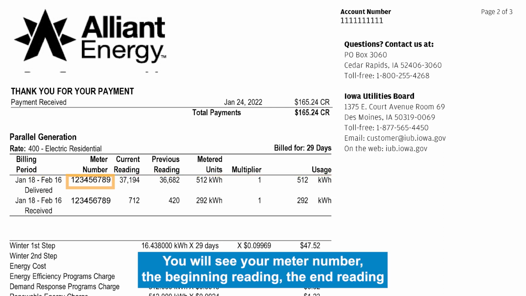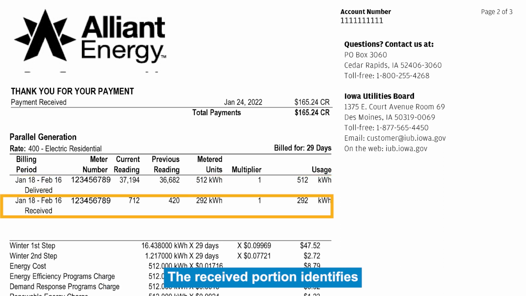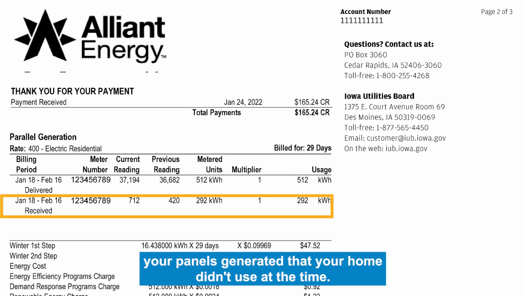You will see your meter number, the beginning reading, the end reading, and the total number of kilowatt hours used beyond what your solar system generated in that period. The received portion identifies how much electricity Alliant Energy received from you. In other words, it's the amount of excess energy your panels generated that your home didn't use at the time.